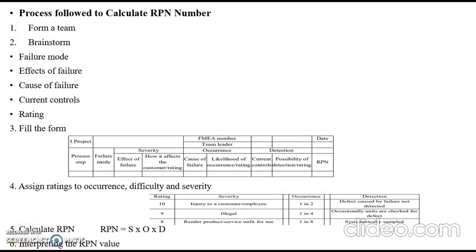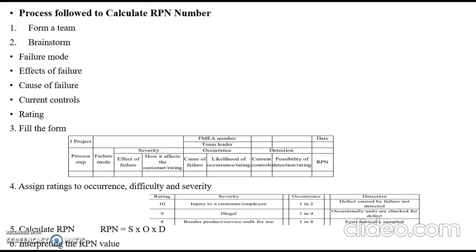The process FMEA team could opt for additional members who possess knowledge regarding design, manufacturing process, quality, reliability, and tooling. By including personnel directly connected with the process, such as the shop supervisor or operator, the possibility of missing any potential cause would be minimal. Okay, this is about the forming of the team.